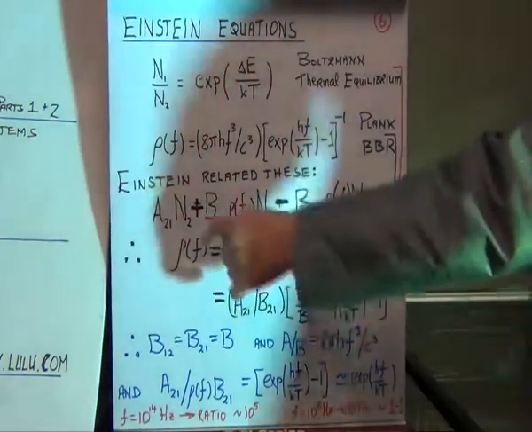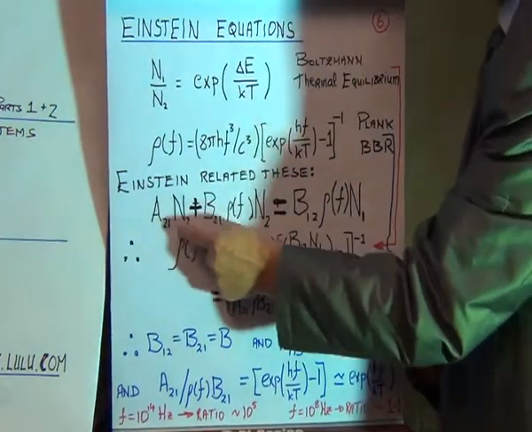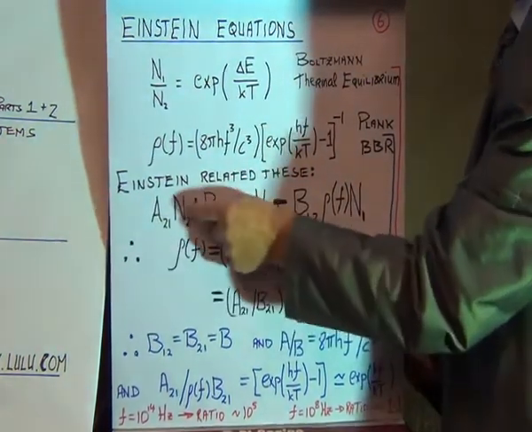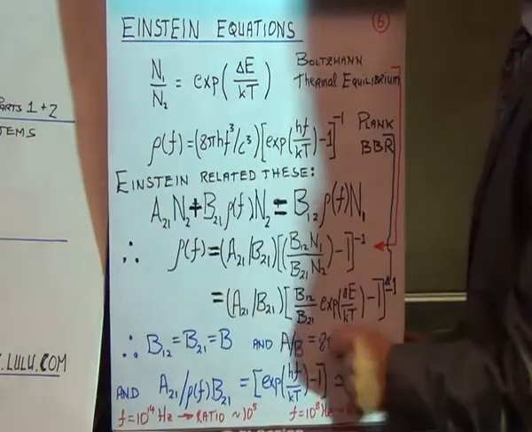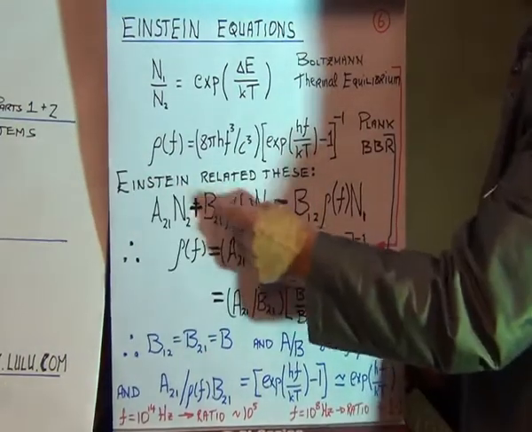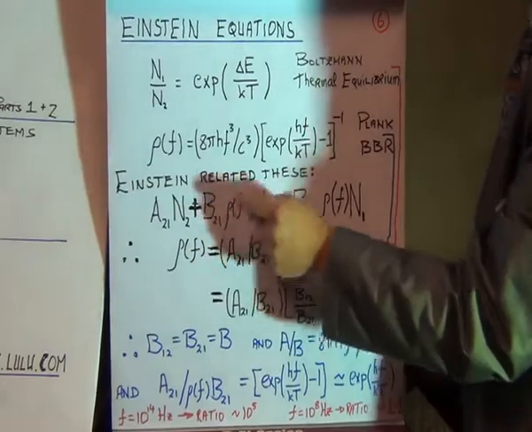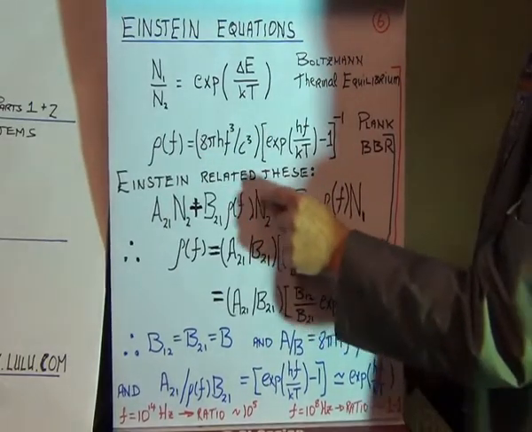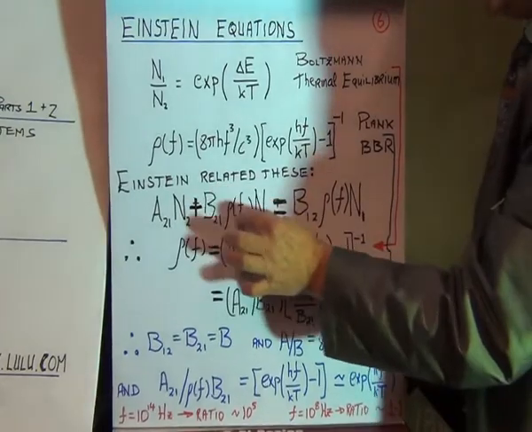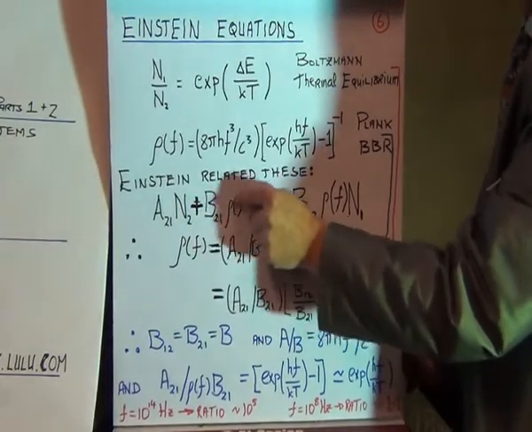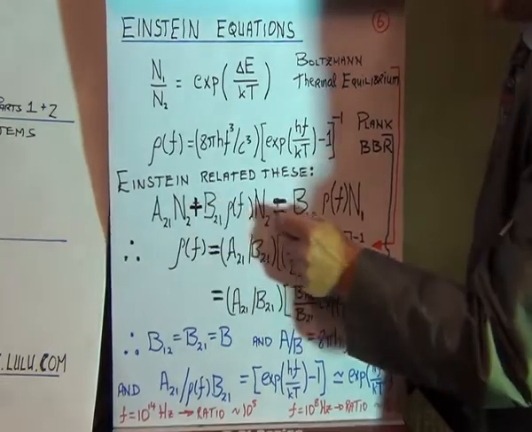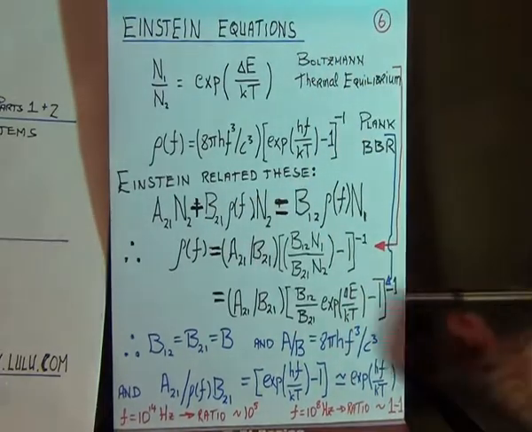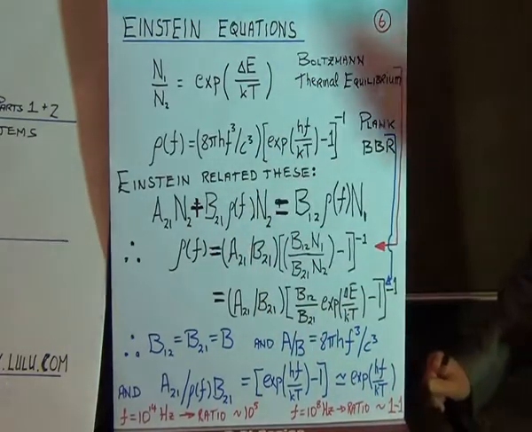Right? So some coefficient from 2 down to 1 times the population up there, that's N2, plus some other coefficient from 2 down to 1 times the population up there, also multiplied by the stimulating photon density. This is a stimulated term. That must equal what's going the other way.